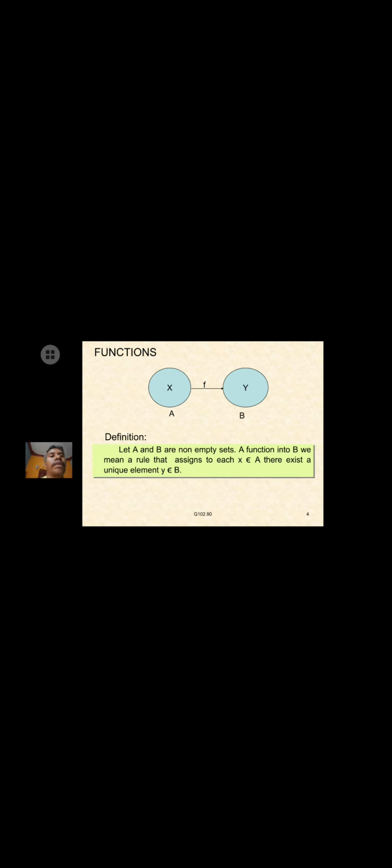So this is a function, and the definition is given with a parrot color background. The two sets must be non-empty sets, that means they must contain at least one element.